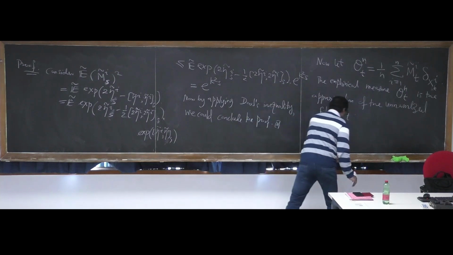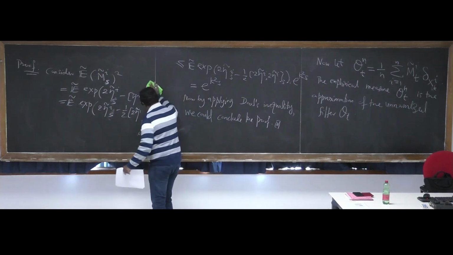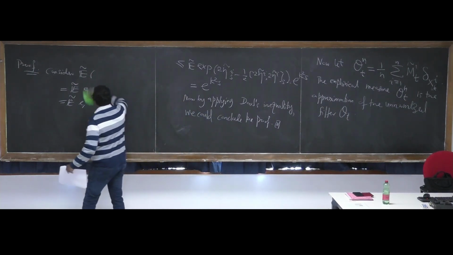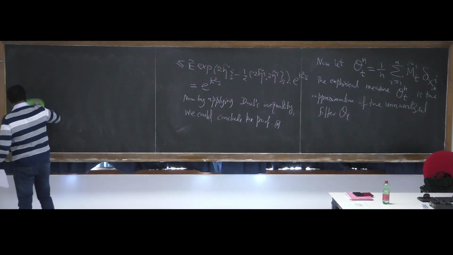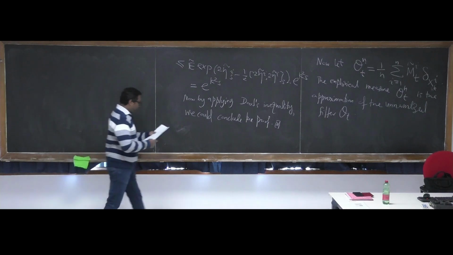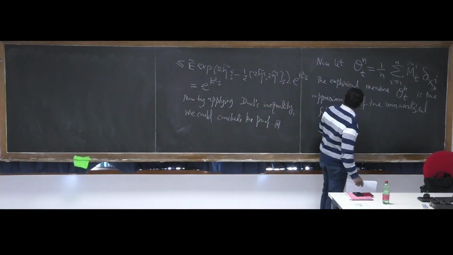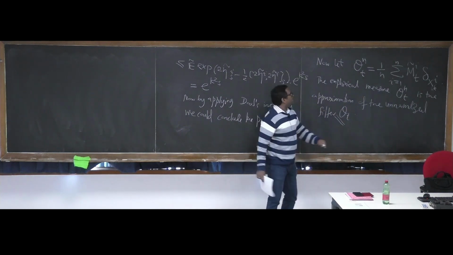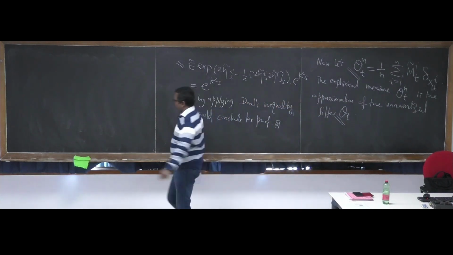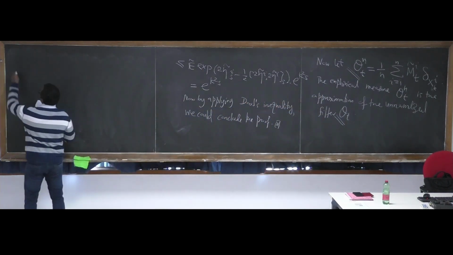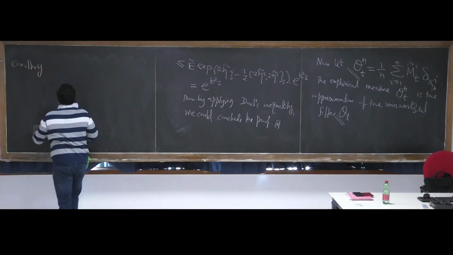So now let's focus on Corollary 4.3. This gives us an error bound for the actual filter theta t and the empirical measure theta n t. Corollary 4.3.